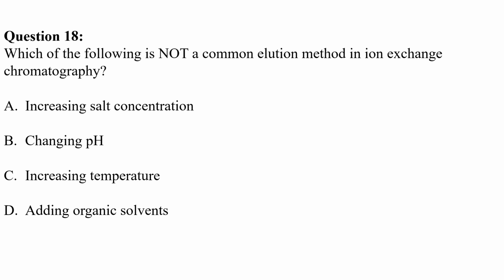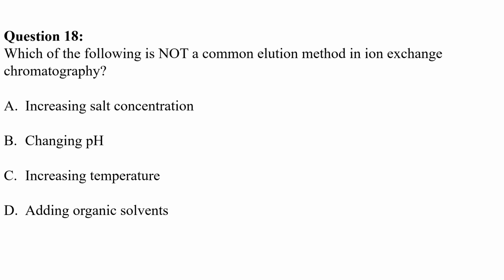Question number 18. Which of the following is not a common elution method in ion exchange chromatography? Option A, increasing salt concentration. Option B, changing pH. Option C, increasing temperature.